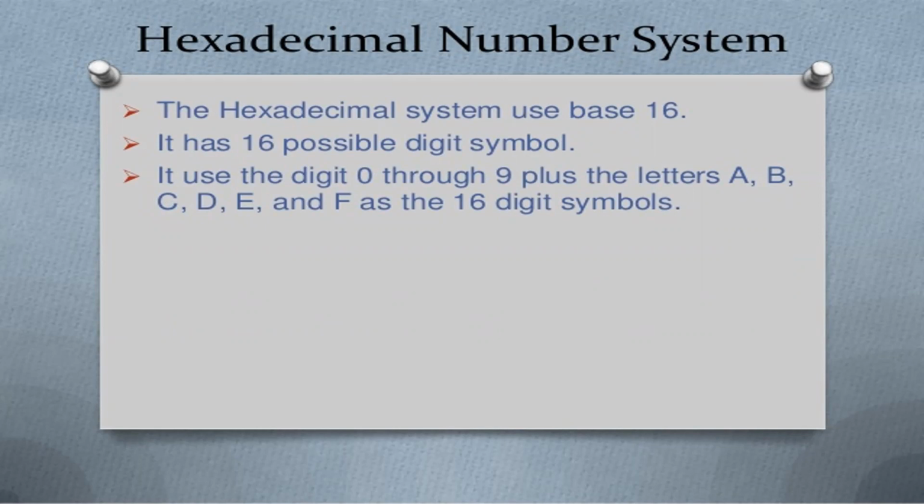So we have digits, total 10. We cannot create more digits. So then we move to the alphabets. A represents 10, B 11, C 12, D 13, E 14, and F 15. So from 0 to 15, these are 16 different symbols that represent hexadecimal number system.